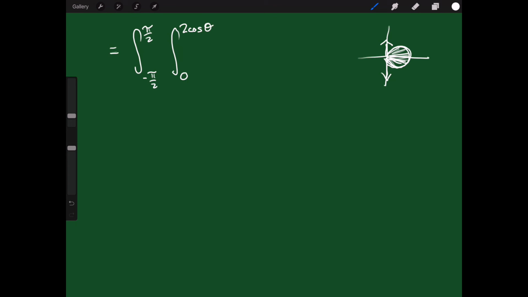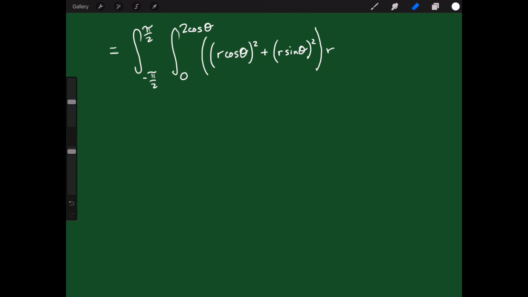Then I know that I'm integrating under this paraboloid, which is x squared plus y squared, but x is r cosine theta squared plus y squared, which is r sine theta squared. That whole quantity needs to be multiplied by r, and then I get dr d theta.